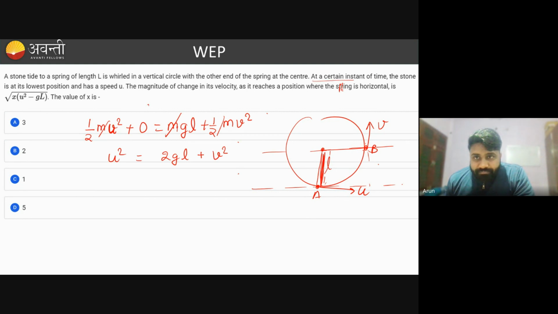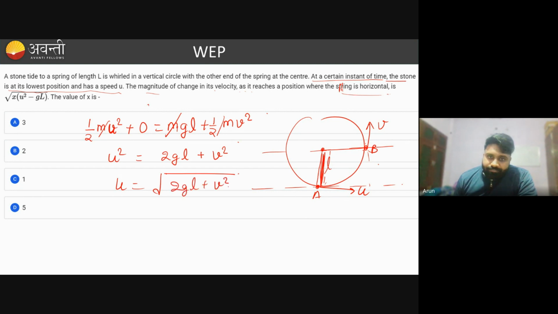If you read the question, the stone is at its lowest point and has a speed u. So this speed is the speed at the lowest point. We need the magnitude of change in its velocity as it reaches the position where the string is horizontal. So u here is the square root of 2gl plus v square.